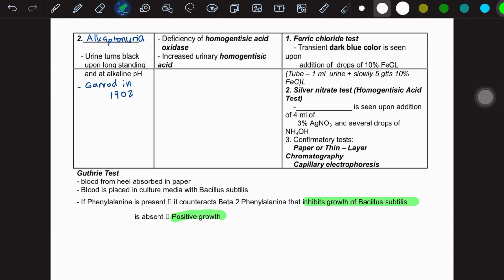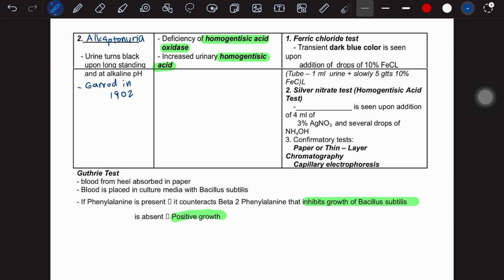So, unsa may hinungdan ani, this occurs from the failure to inherit the gene to produce the enzyme homogentisic acid oxidase. So, if wala ni na enzyme, ang homogentisic acid mo-accumulate siya sa blood, tissue, and your urine.